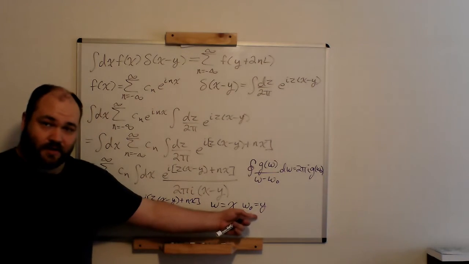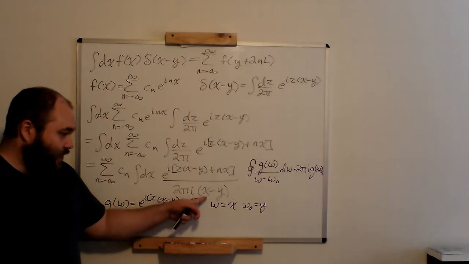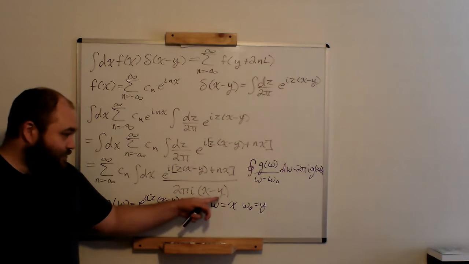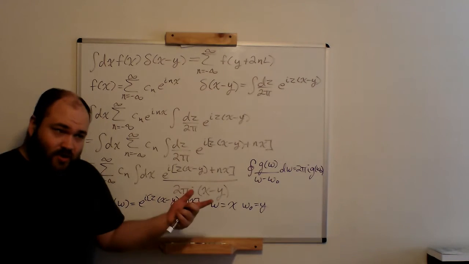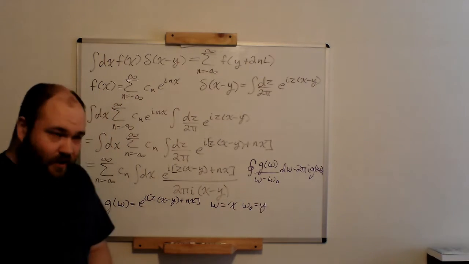And these are our 2 points that the integration is being done with respect to. And like I said, we know that we have a pole at x minus y. So that's how we know that these are our points of integration.